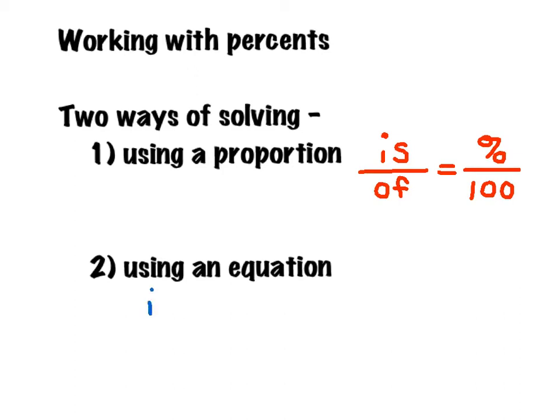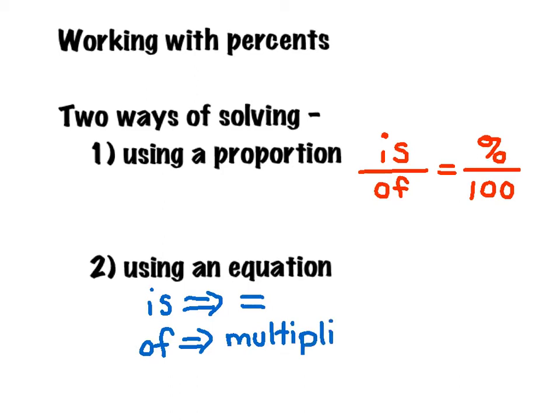For example, anytime I see the word is, I'm going to translate that as an equal sign. The word of, I'm going to translate as a multiplication sign. Or it's going to tell me to basically multiply something.